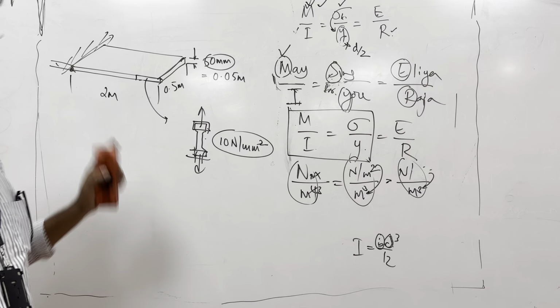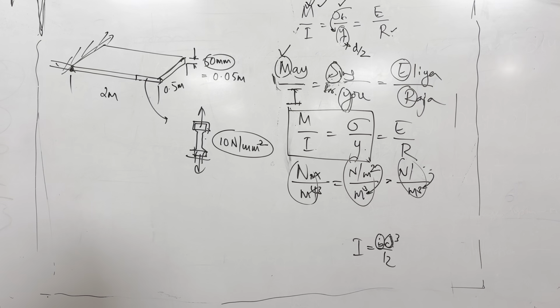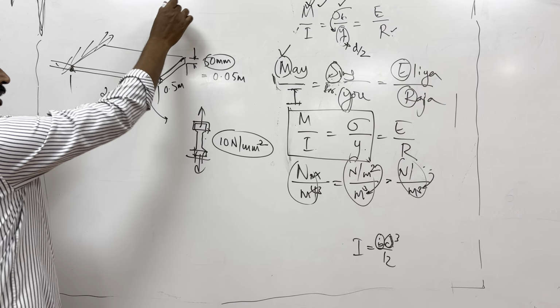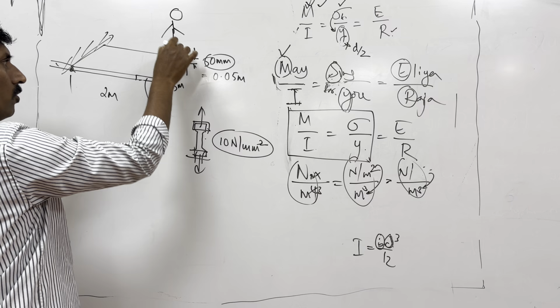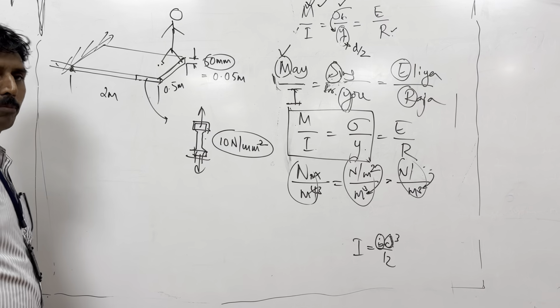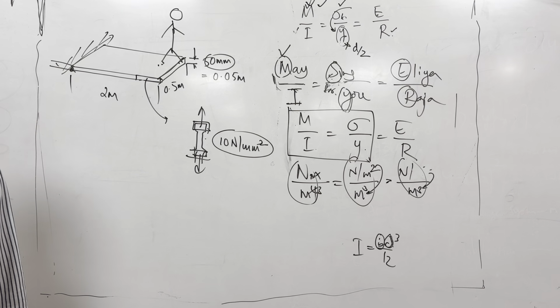So in this case, what I'm supposed to find, as the owner of a resort, is what is the maximum weight of a person that this can bear. Any guess? Any guess? Okay.